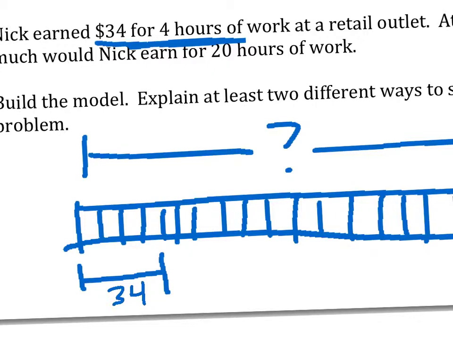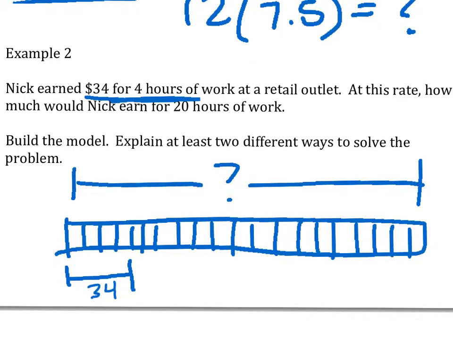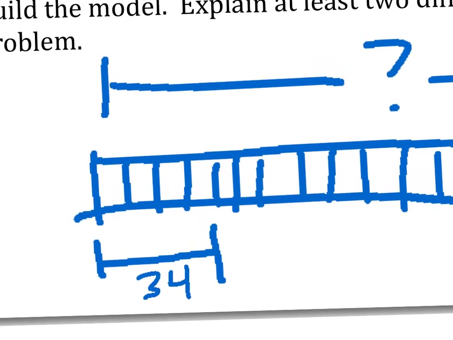Right? So that means we can think of it in a few different ways. How many sets of 4 are there in 20? So we have 20 boxes. Or we can figure out what goes in each box for a number. And since we have 34 and we have 4 boxes, well, I know that 8 times 4 is 32, and we need 2 more dollars than that, so what would we have there? $8.50 it looks like per box.